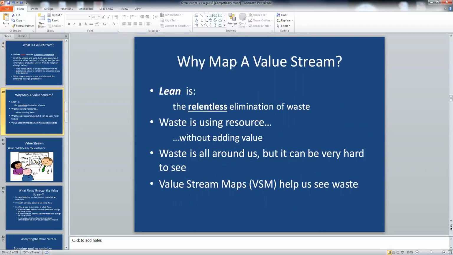And again, when we talk about Lean and value stream maps, we're talking about the relentless elimination of waste. And so waste is using resources without adding value, and adding value is in the customer's mind. So not in our minds, but from the perspective of the customer.